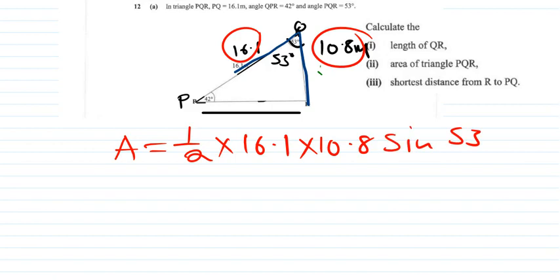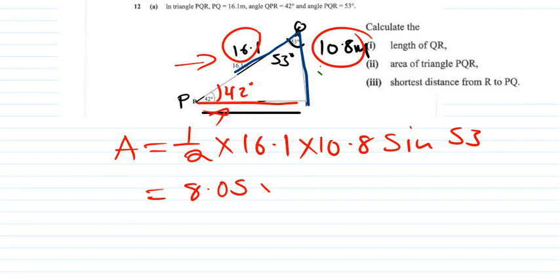If we had 42 degrees there with this known side, we could have used that side and this side, again with the sine of the angle 42, to find the area. Half multiplied by 16.1 is 8.05.